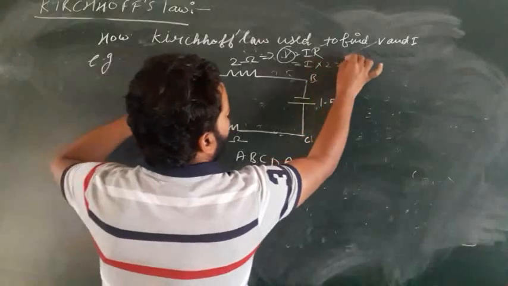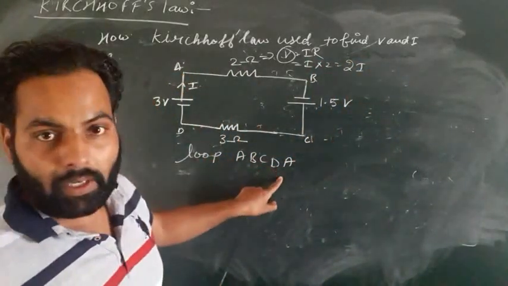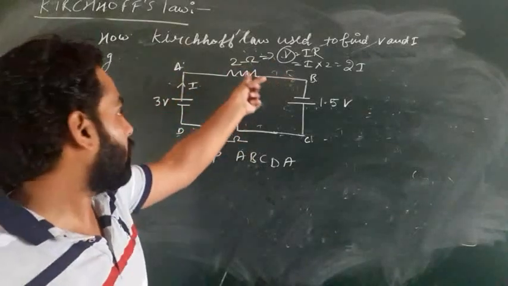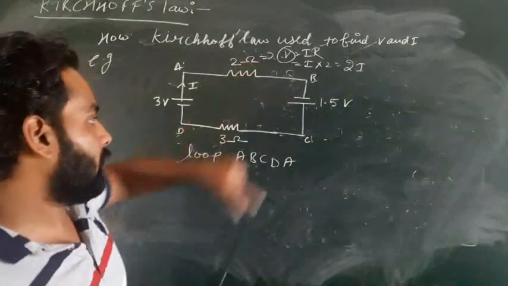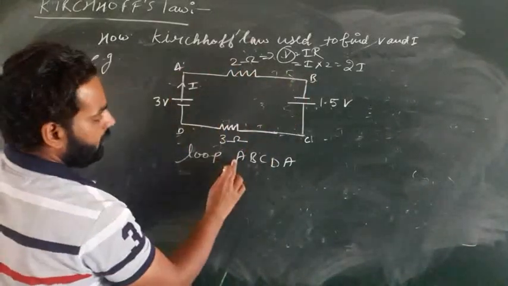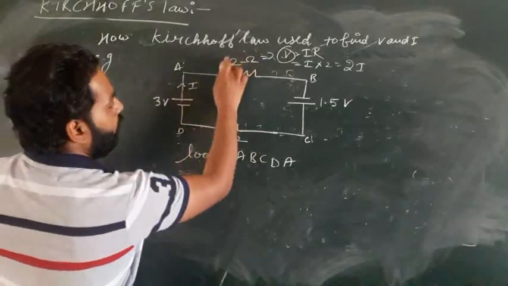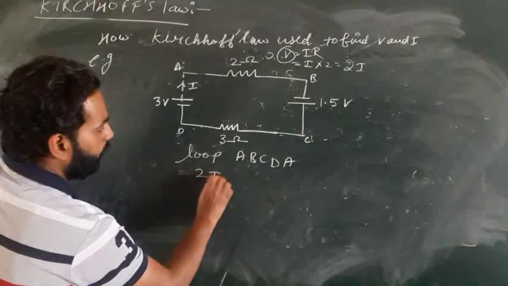R is 2, so it is 2I. Again I am repeating: if the direction of the loop and the direction of the current are the same, then the product of I and R is taken as positive. Here the current moves from A to B, and the loop direction is also A to B, so the product of resistance and current is taken as positive. So I will write here 2I.